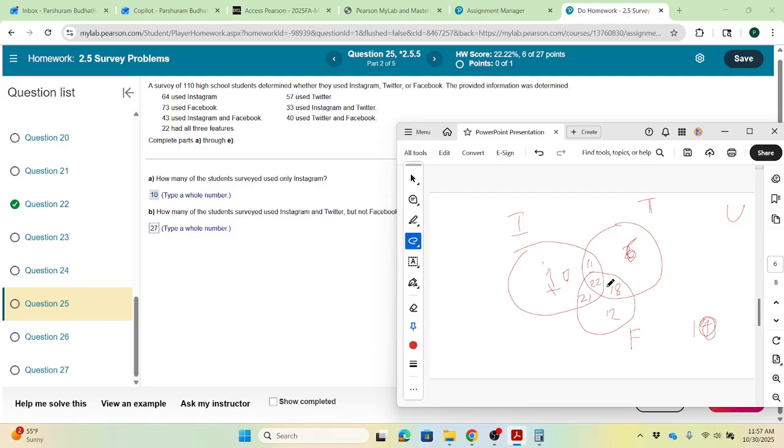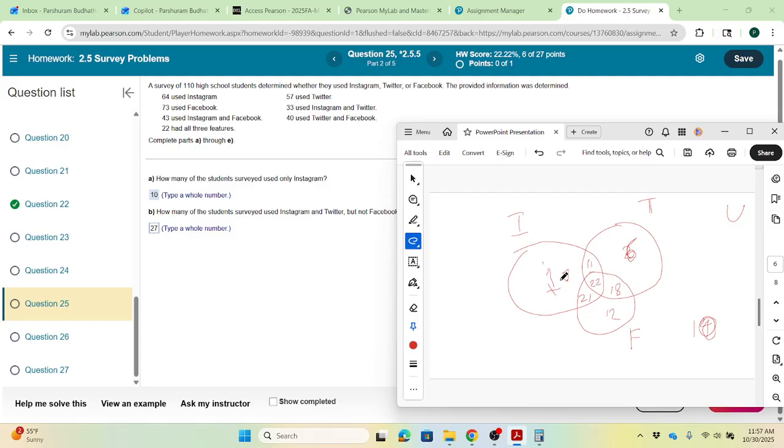73 used Facebook. So 40, 60, 61, 62, 63, 73. That's good. And for the Twitter, 57. 40, 50, 51 plus 6 is 57. For the Instagram, it's 43, 44, 54 plus 10 is 64.